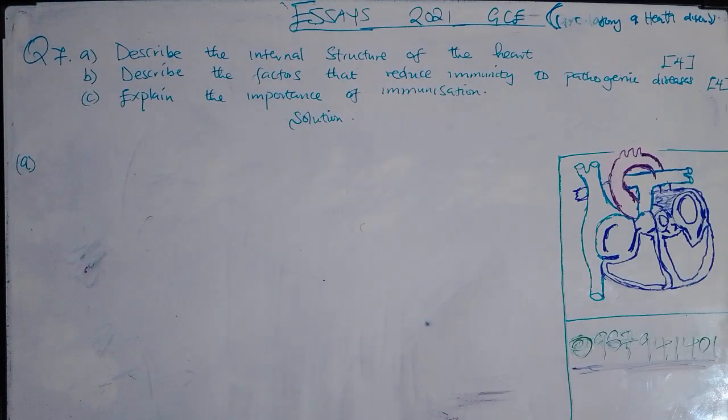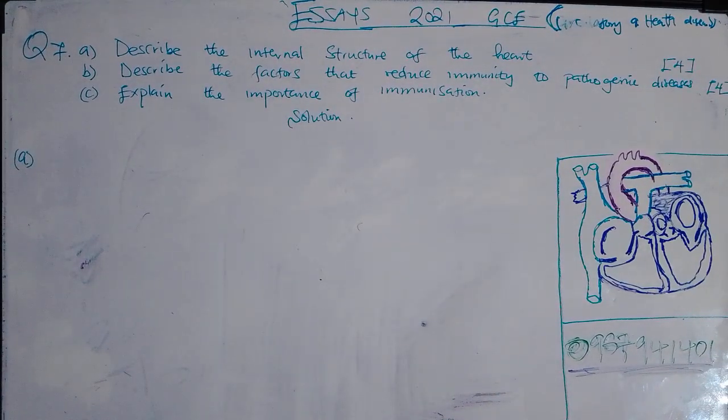Most pupils think that the topic of the heart is hard. Even me, before I understood it, I was thinking that this topic is very hard to know. But mind you, this topic is the simplest to know, because there are few parts of the heart which we need to know. So pay particular attention as I explain the parts of the heart.